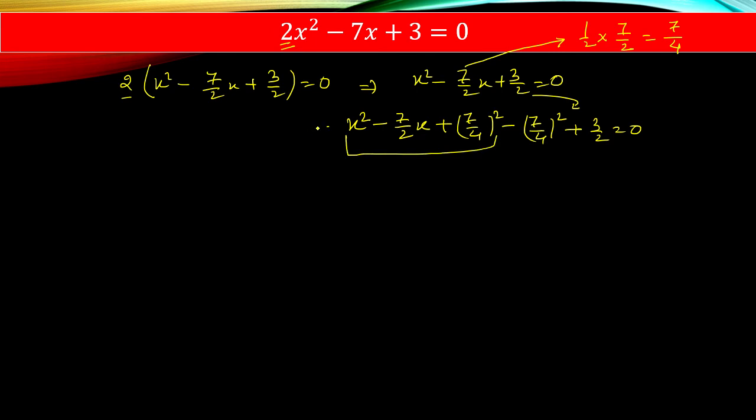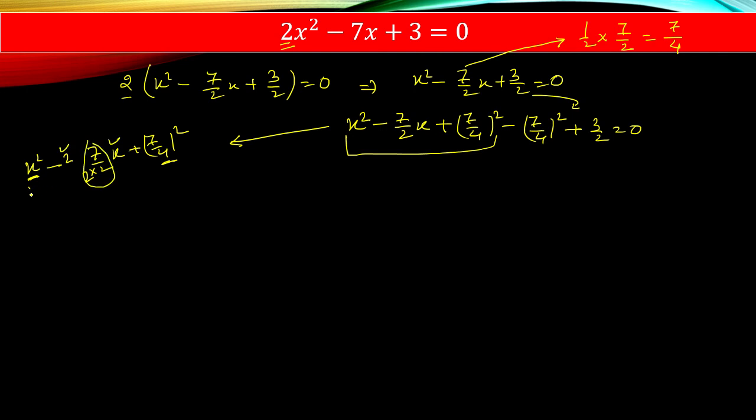How it is a complete square we can see here. x square we write as it is. Now 7 by 2 x we write as it is, and if we multiply and divide by 2 in the second term, and also write the last term 7 by 4 whole square as it is, we find this is like a square, this is like b square, and this is 2ab.